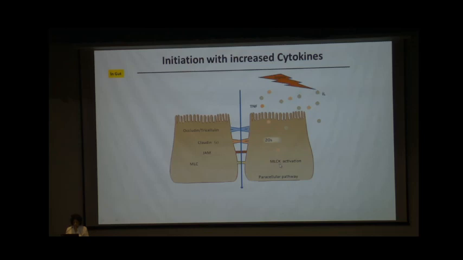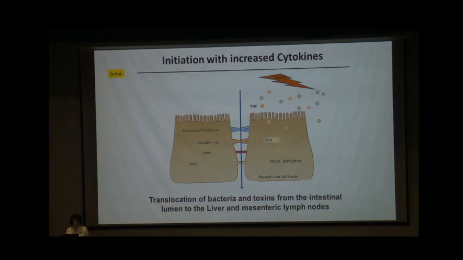Phosphorylation happens, and this MLCK activation activates the paracellular pathways, which loosen the tight junctions. With the loosening of the tight junctions, there is translocation of bacteria and toxins from the intestinal lumen to the liver and even the mesenteric lymph node.